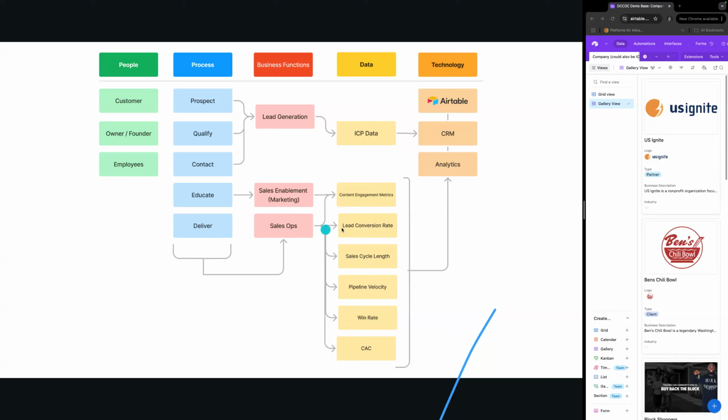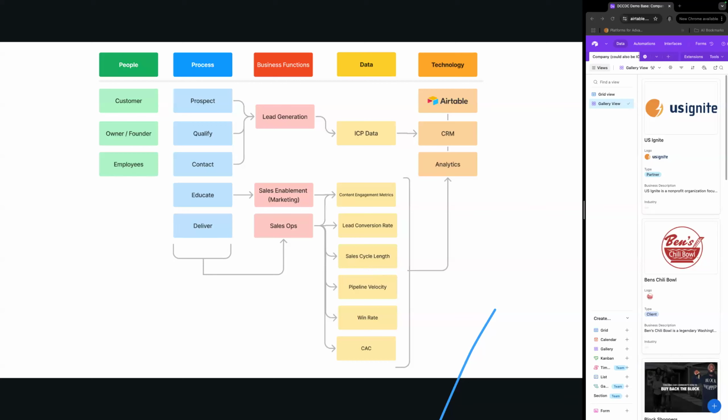And when it comes to sales ops, there's lead conversion rate: how many of the leads that we're getting actually convert into a paying customer? Our sales cycle length: on average, how long does it take from first prospecting a customer to closing with them? Pipeline velocity, which also ties into win rate, provides insights into how quickly deals are moving through our pipeline and the success rate of our efforts.